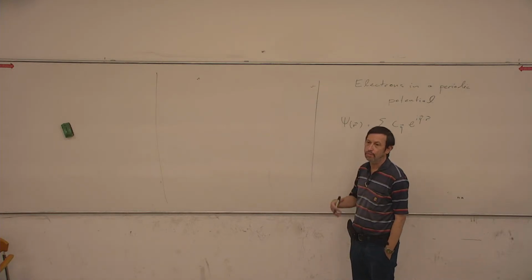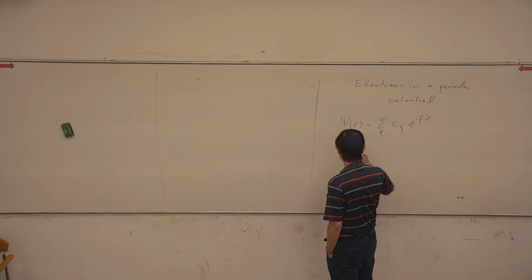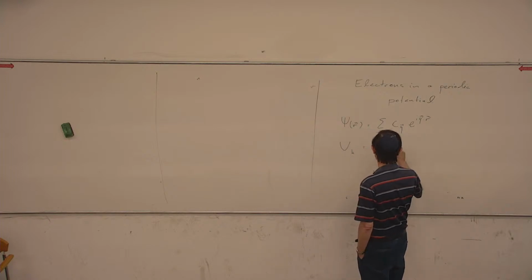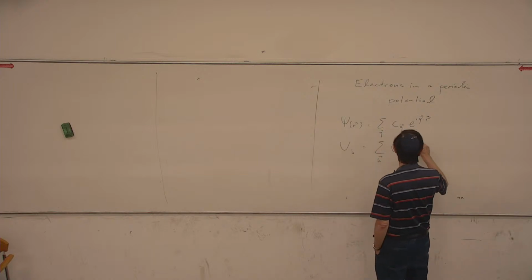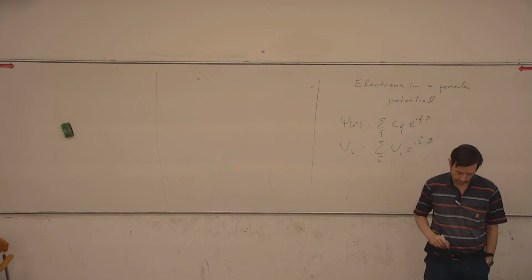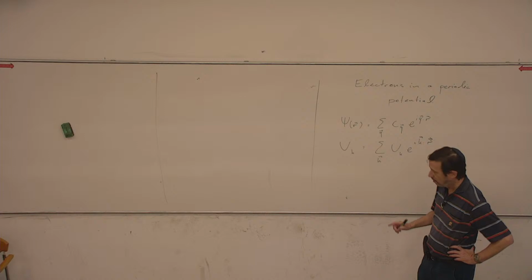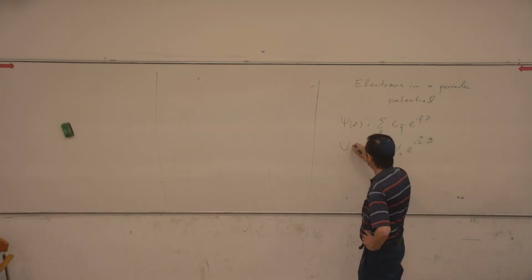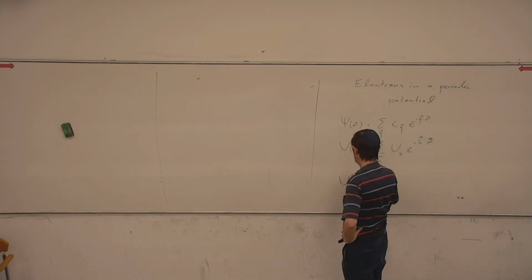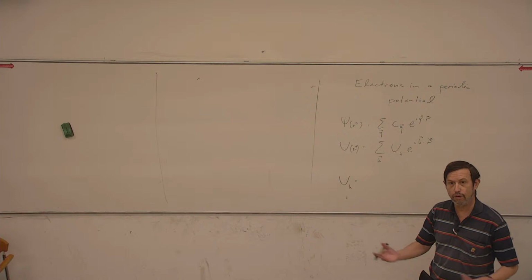Well, I would want to perform a Fourier transform also on the potential. Sorry, it's U of R, of course. What is U of K? Well, in principle, I can write down an integral over all space.